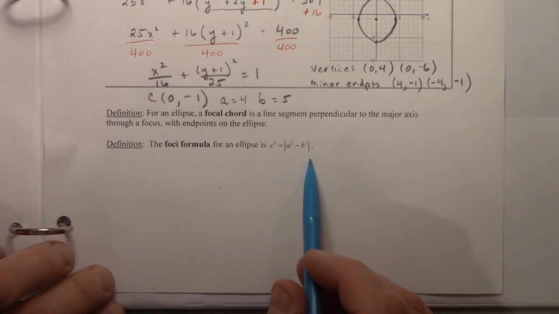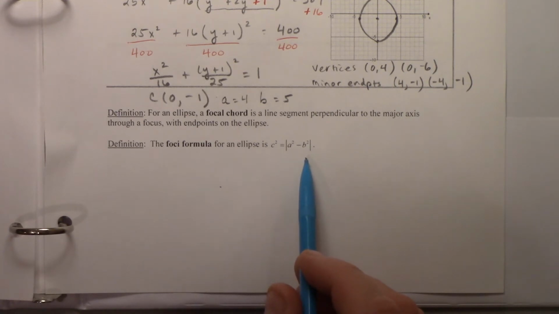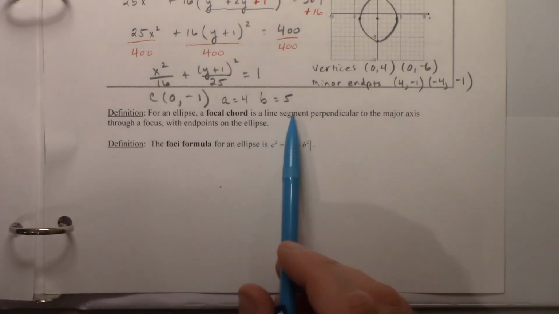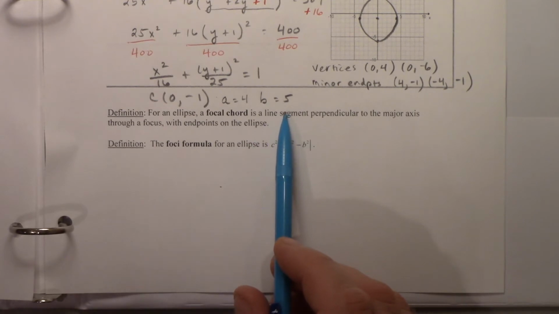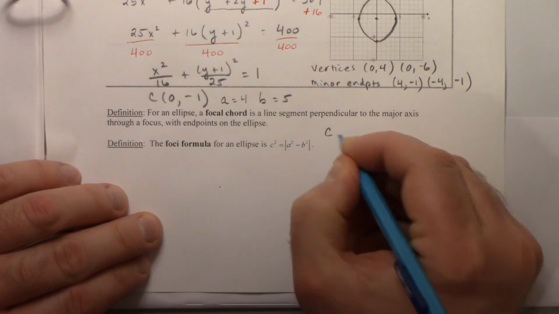If you look, you already have the a and the b value. We know a is our horizontal radius, b is our vertical radius. c is the distance from the center to a focus point. In fact, let me jot that down.